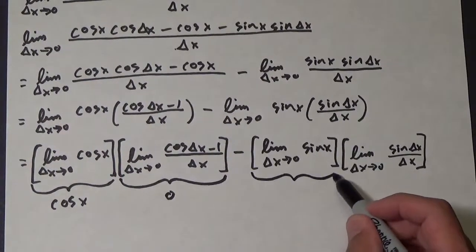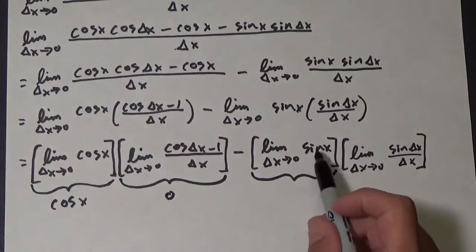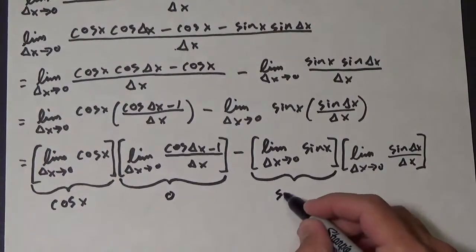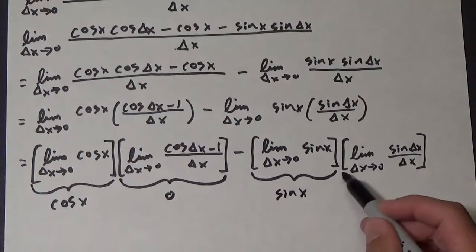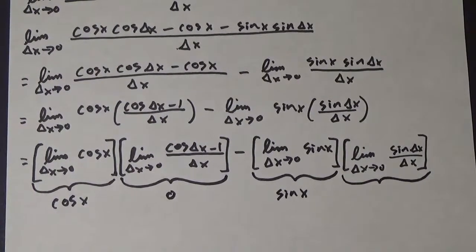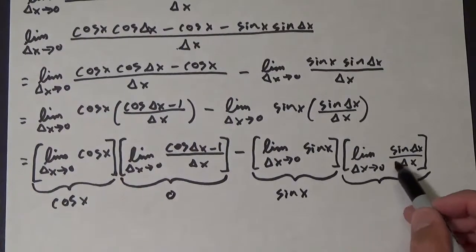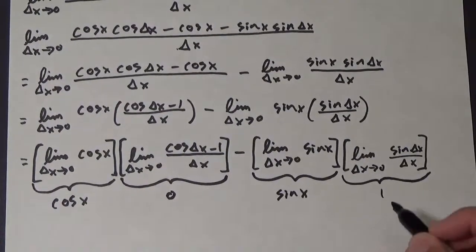Here, we substitute in 0 for delta x and it becomes just the sine of x. And then you can't substitute in 0, but we do have that special limit that says that the limit as delta x approaches 0 of the sine of delta x over delta x equals 1.